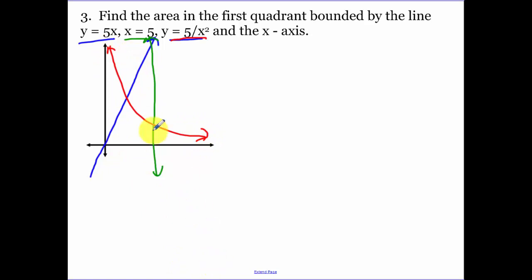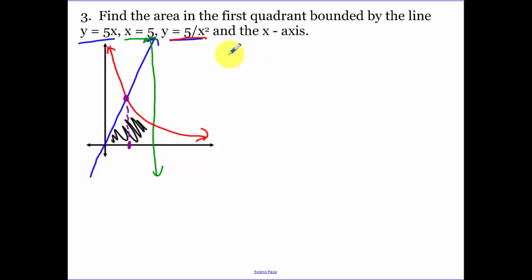What I'm looking for is this area. Notice one thing here. Lots of colors today. At the value where those two functions intersect, your functions change.